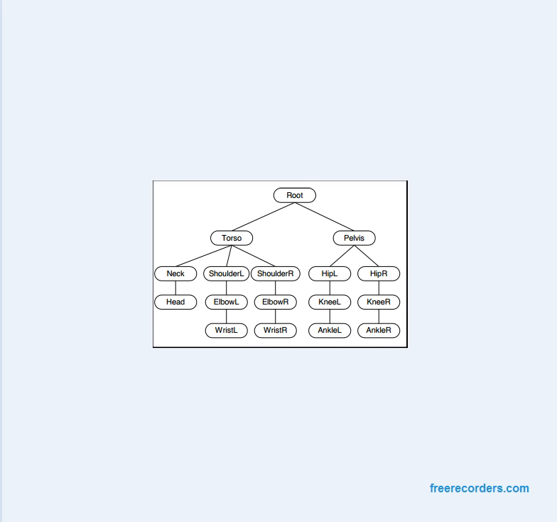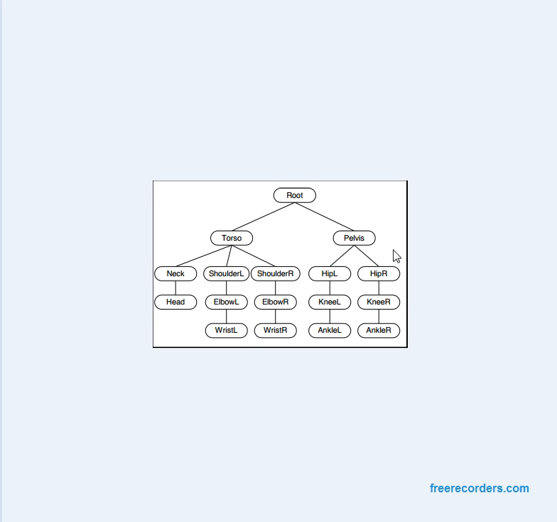So what is rigging? Rigging is the process of creating the skeletal structure hierarchy and rendering this skeletal structure. What you'll see on the screen is an example of a skeletal structure hierarchy. You'll have your root, and the root is generally your center of gravity.